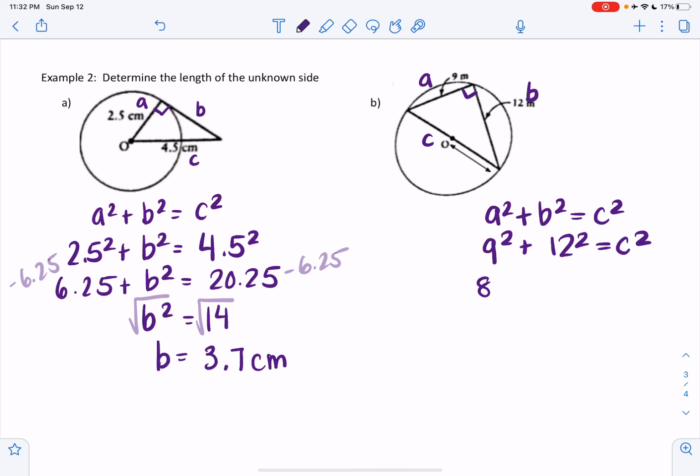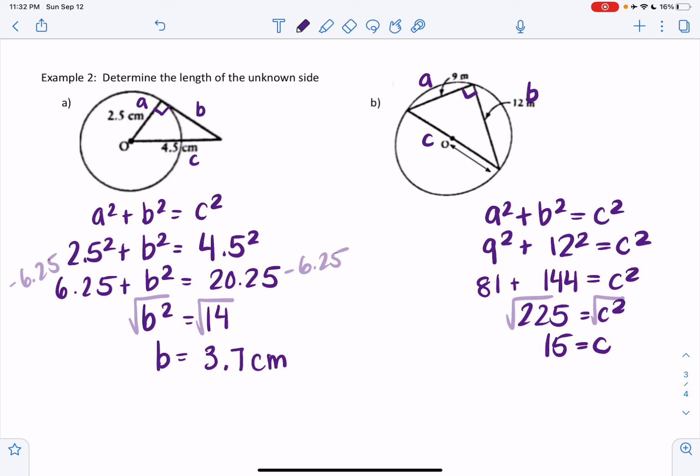That will give us 81 plus 144 is C squared. So we have 225 equals C squared. And remember, we don't want C squared, we just want C. So we square root it, and we get 15 is C.